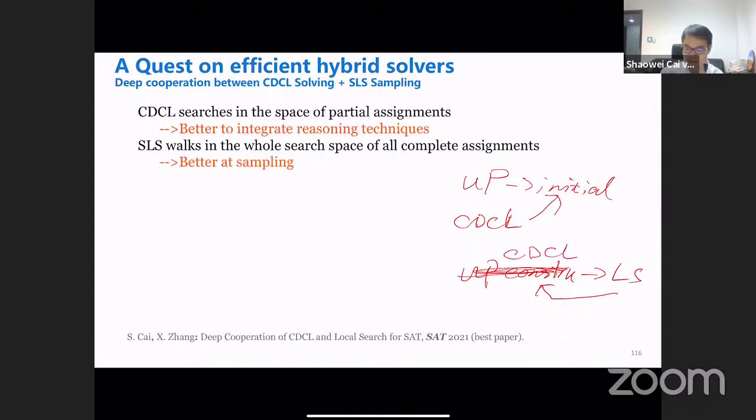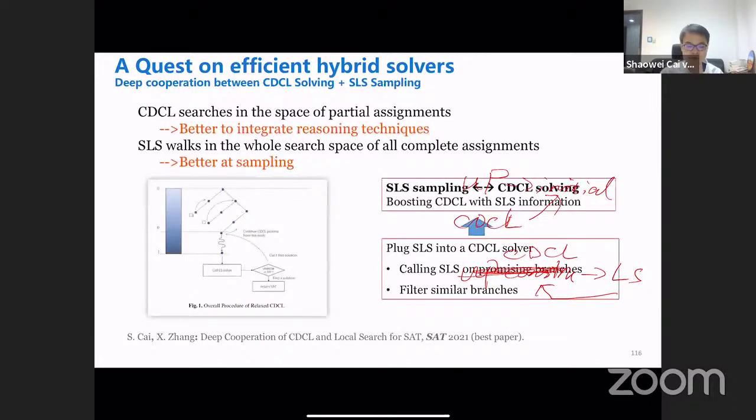And now this comes to the recent work, the cooperation between CDCL and local search. Generally CDCL searches in the space of partial assignments, which makes it better to use reasoning techniques. But local search works in the whole space of all complete assignments. So actually local search can be better at sampling, but not better for reasoning.